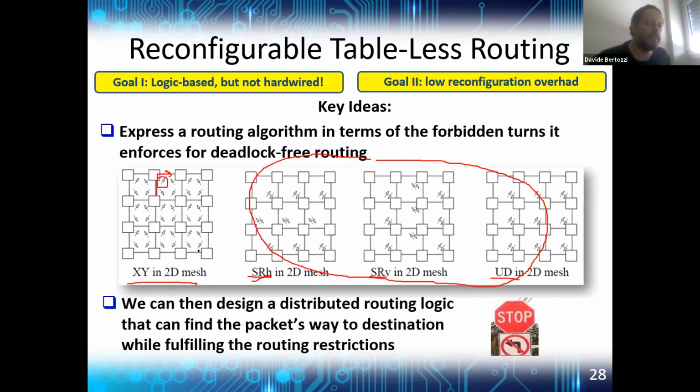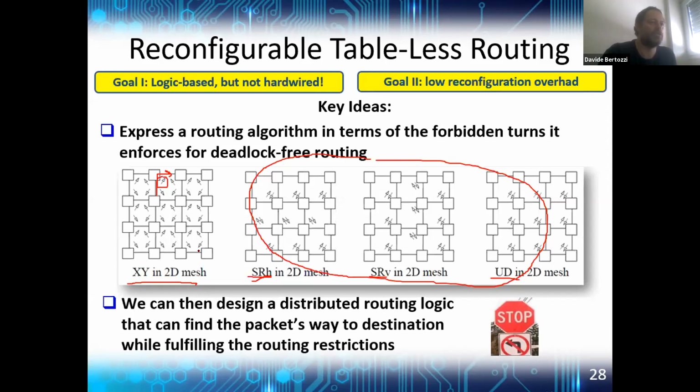Then the second idea is to combine this formalism with a routing logic that in a distributed way finds the packet's way to destination while fulfilling the obligations posed by these routing restrictions. So you need a distributed routing logic that is able to interpret at least the nearest routing restrictions and to route the packets accordingly.